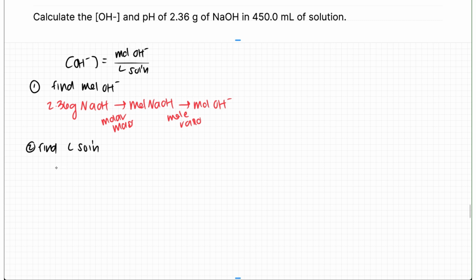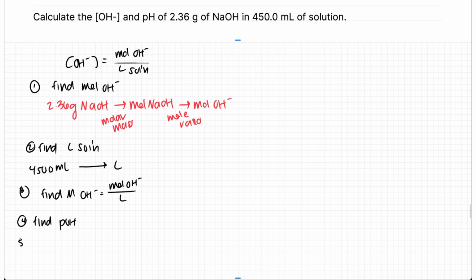This will just be a prefix conversion to turn milliliters to liters from the 450 given. And then we can combine those two to find moles of OH- divided by liters for our molarity. Then with that concentration of OH-, we can find the pOH and then the pH.